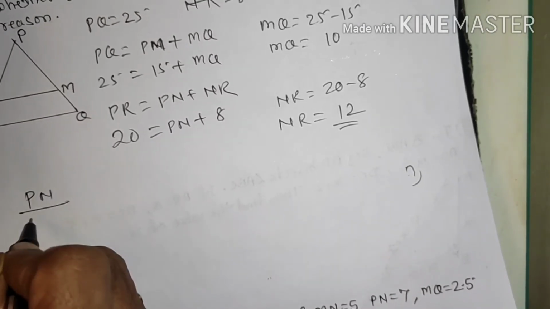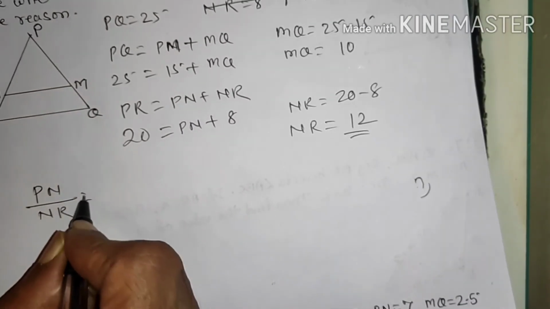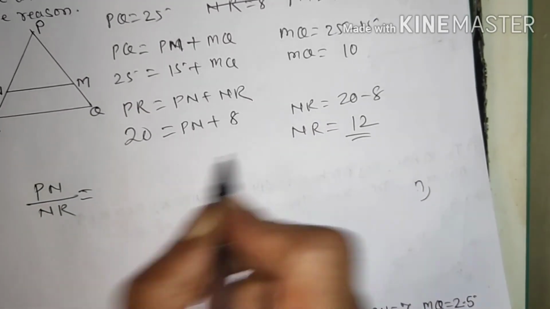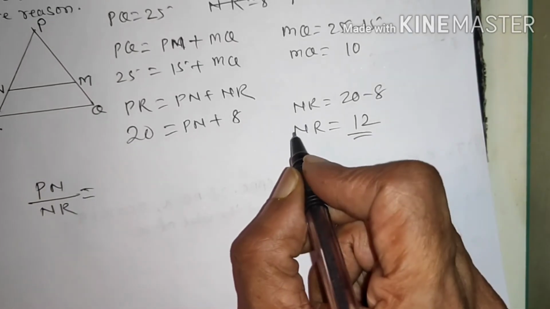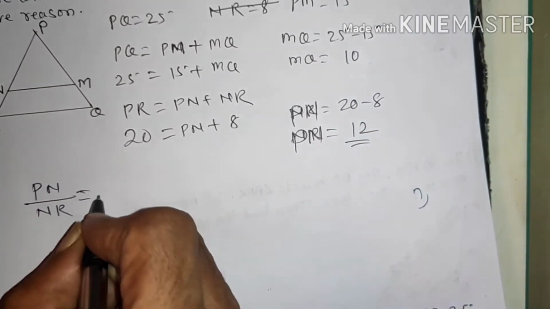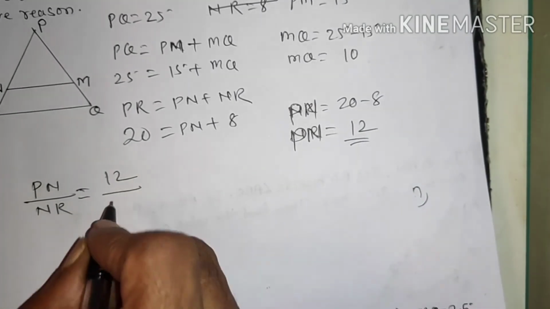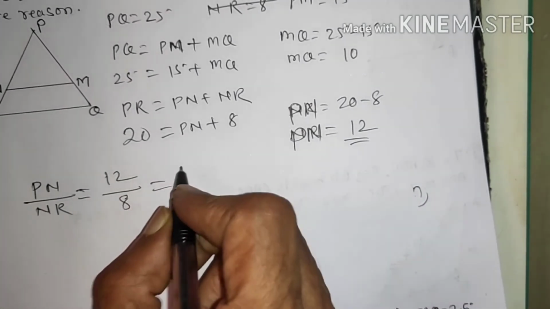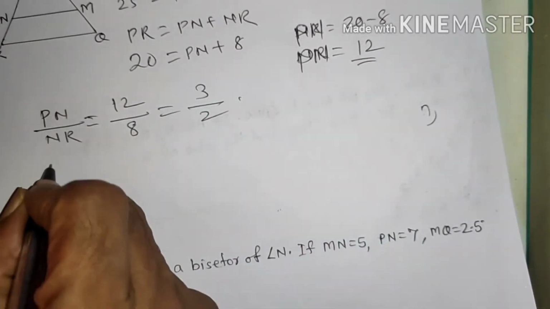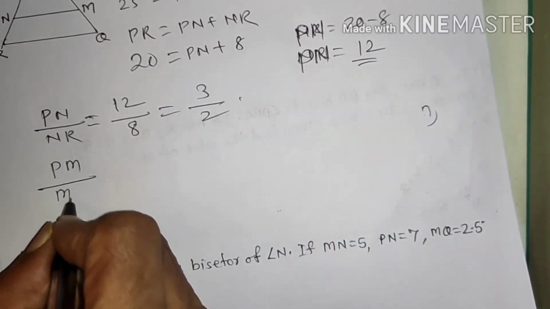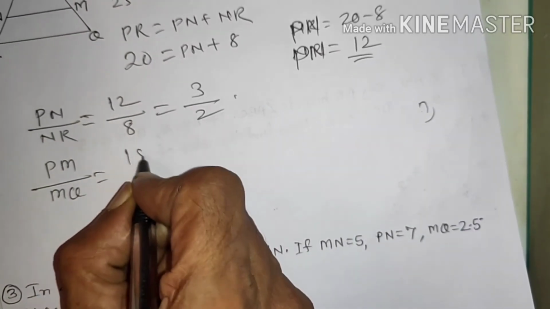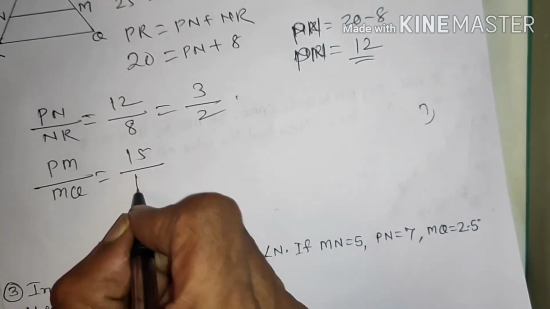Now PN divided by NR, PN is 12, NR is 8, that is 3 upon 2. Now PM upon MQ is equal to PM 15, MQ 10, that is also 3 upon 2.